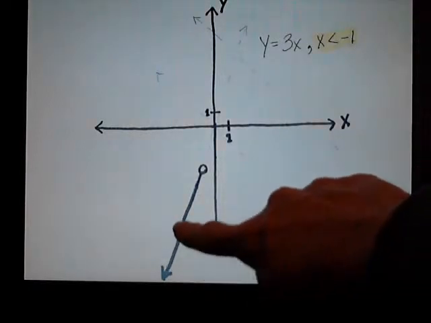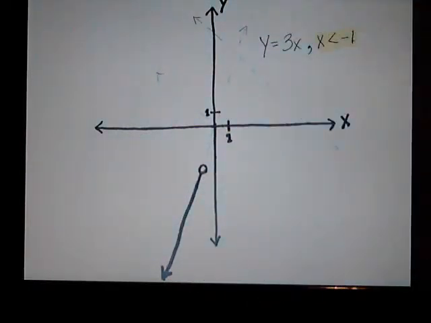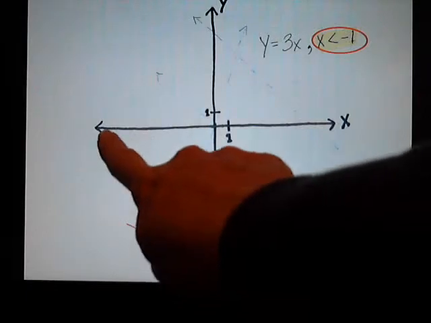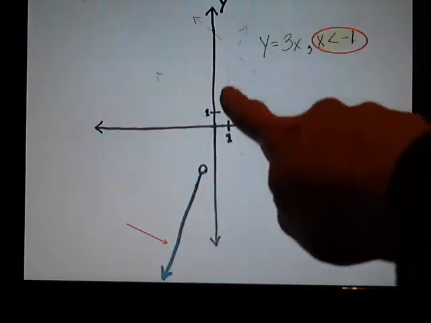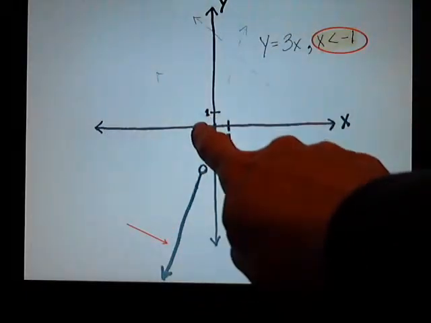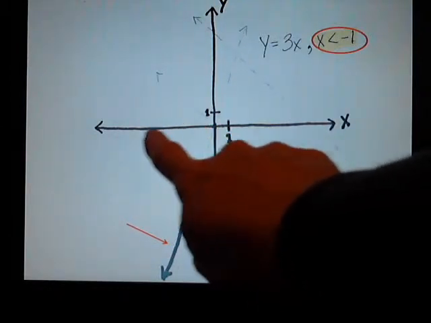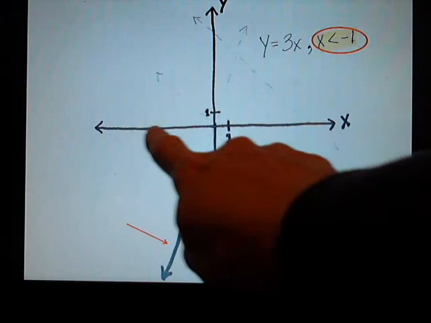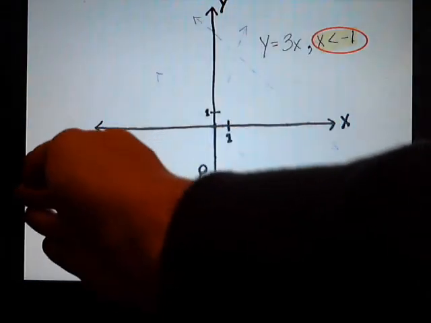For the first line that we graphed, y equals 3x, we are only keeping where x is less than -1. So we need to look at our x values. Along this line, when we get to x values of -1, we're keeping everything less than -1.